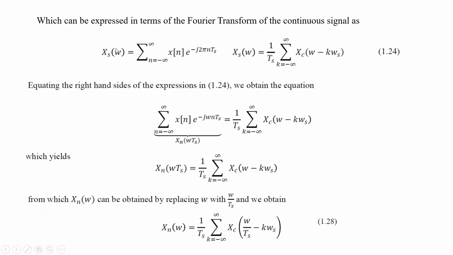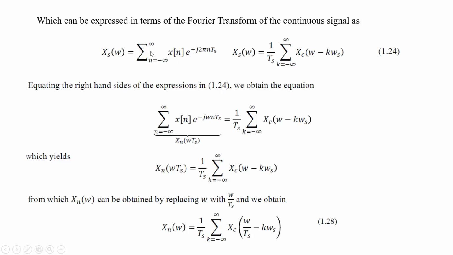Now, if this is the Fourier transform of the discrete signal x[n], we can also express the Fourier transform in terms of a continuous signal. We have already seen that, and it is given by 1 over capital T sub s, sigma k going from minus infinity to infinity, Xc of w minus k ws.